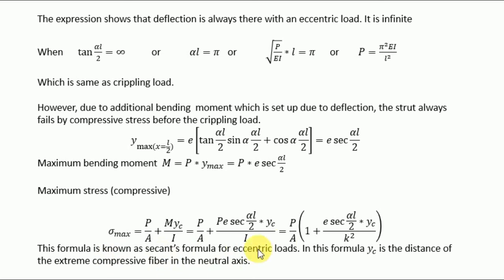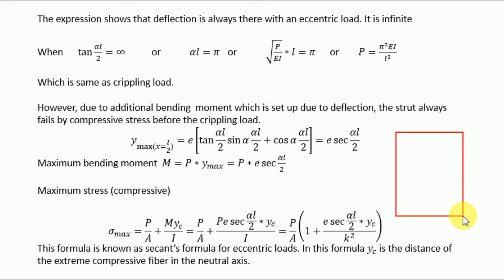So this formula of sigma max shows the compressive stress at which the strut is going to fail before the crippling load. This formula is known as Secant formula for eccentric load. In this formula, y c is the distance of the extreme compressive fiber from the neutral axis. What is the meaning of this?